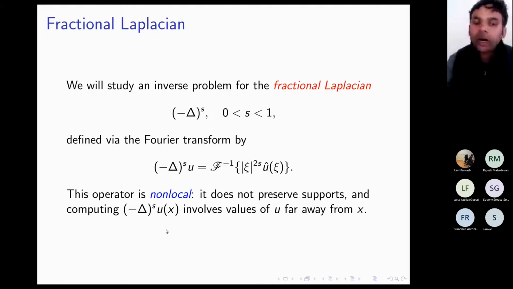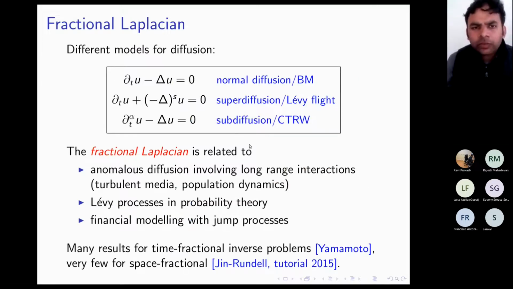I mean, everywhere means in the whole Rn, because as you can see, as you have defined it through the Fourier transform, you were asked to define it over the whole Rn. You can't escape it. So this is the non-locality, or anti-locality, it enjoys, and we'll show that. That has a lot of advantages while you're solving the inverse problem. It carries more information somehow, and so it helps to recover the potentials or the conductivity and stuff like that.